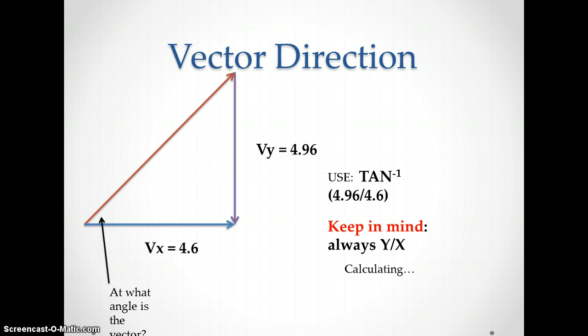We like to use tan to the -1, or inverse tan, and we do y over x, or opposite over adjacent, to calculate the angle of the vector. And the vector is at an angle of 47.15 degrees.